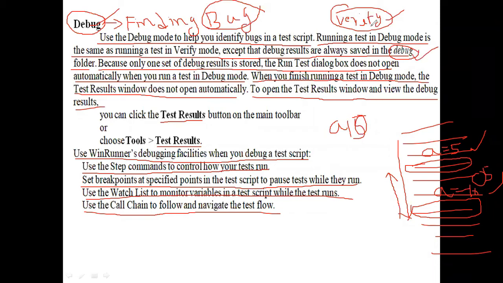In verify mode, when you complete the test, a new window automatically opens and shows the result. But in debug mode it does not open automatically. By clicking the test results button on the main toolbar, or selecting Tools menu, Test Results, it shows the results to you.